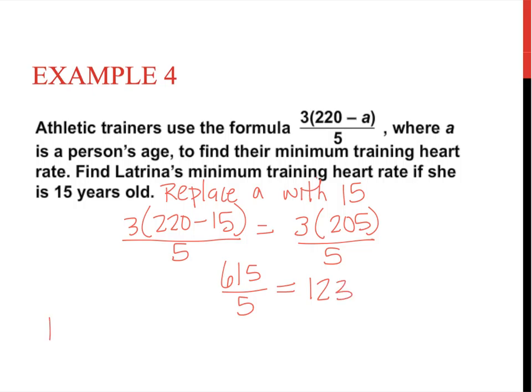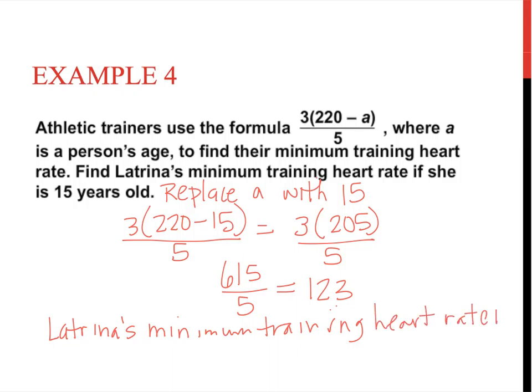So to answer, we would say Latrina's minimum training heart rate is 123 beats per minute. Make sure you've written everything down.